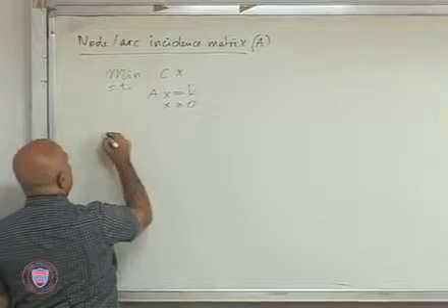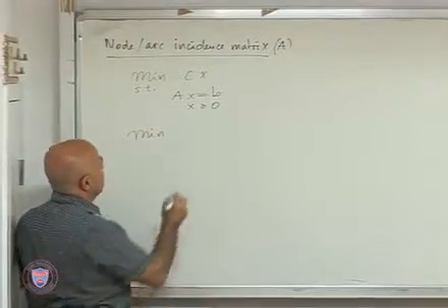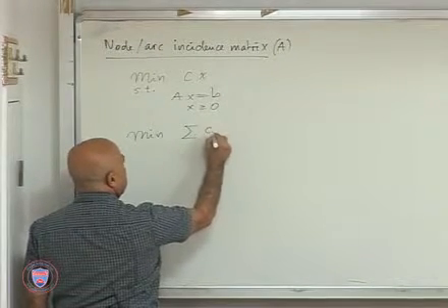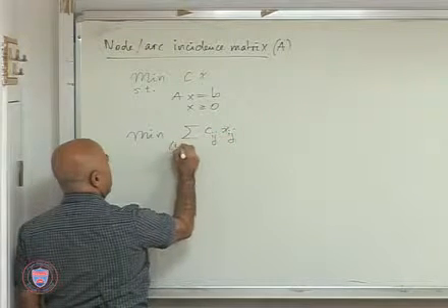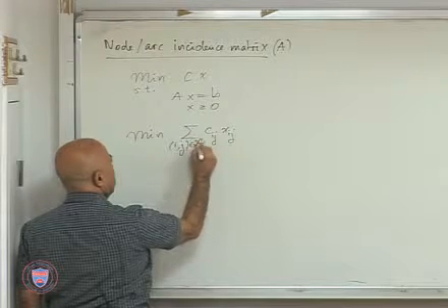But this problem simply is a compact representation for the following problem. Minimization of the cost times the flow amount in arc ij for all arcs.